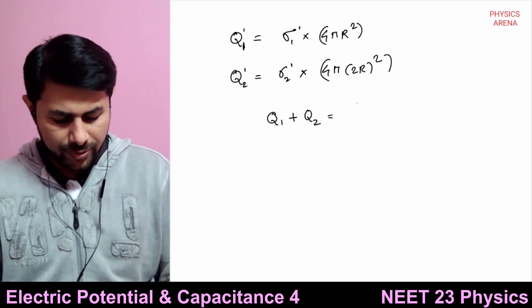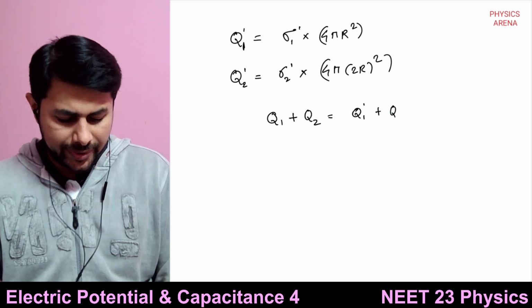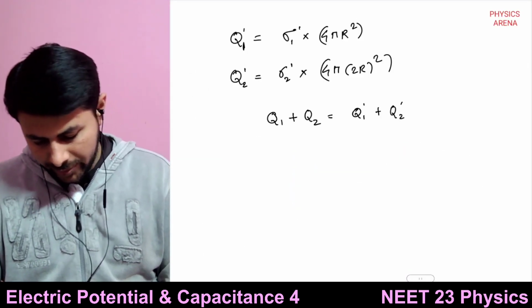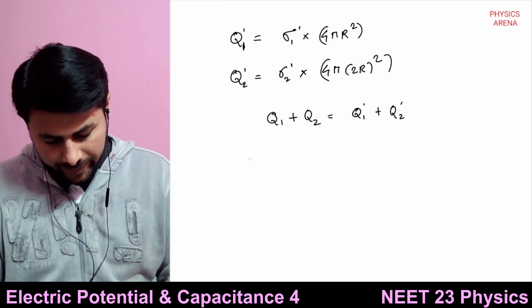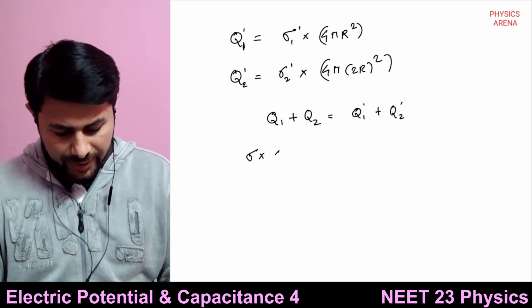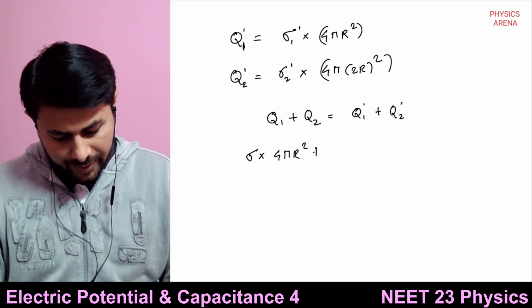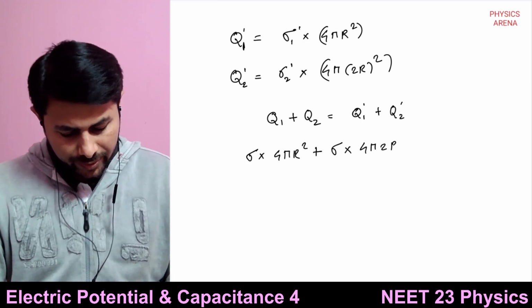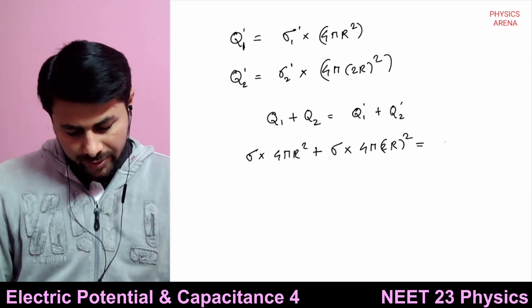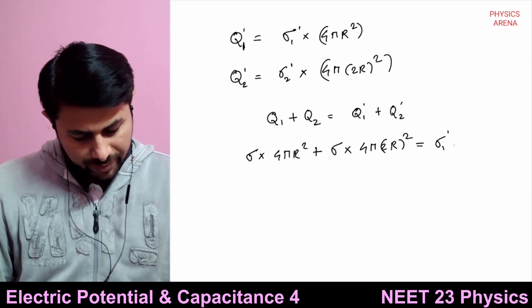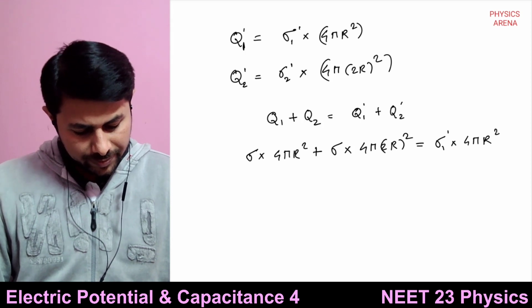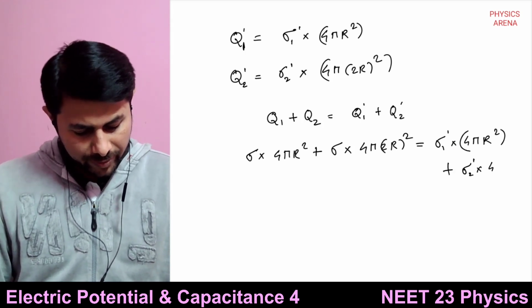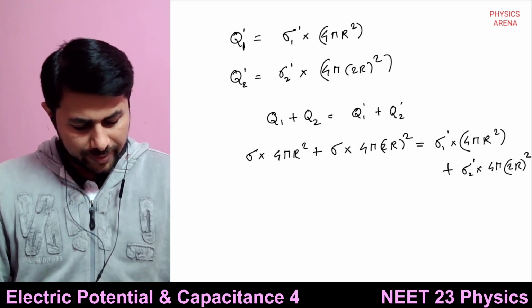So q1 plus q2 is equal to q1 dash plus q2 dash. Okay. So therefore, sigma 1, which is sigma in first case, multiplied by 4 pi r square plus sigma multiplied by 4 pi 2r square is equal to sigma 1 dash multiplied by 4 pi r square plus sigma 2 dash multiplied by 4 pi 2r square.